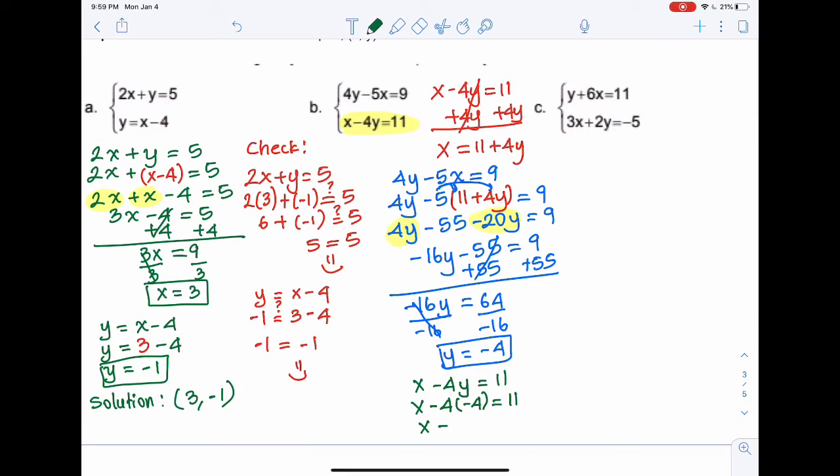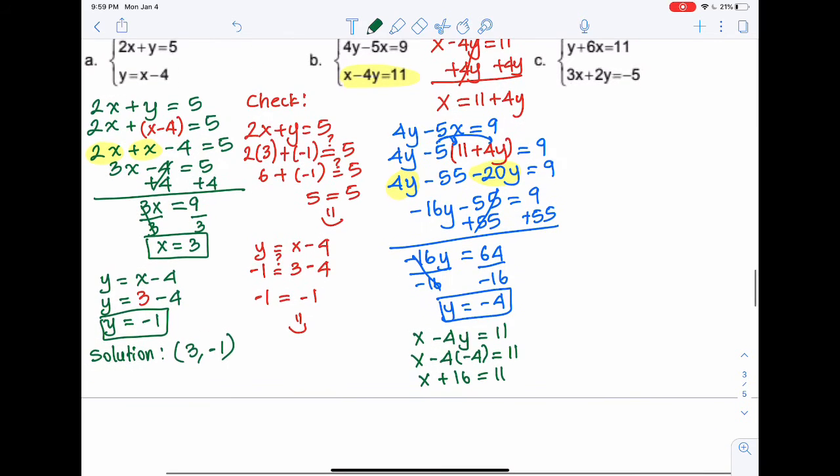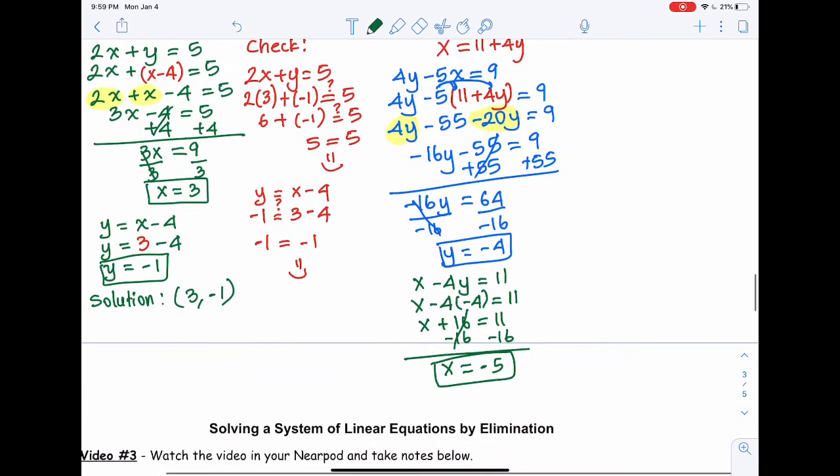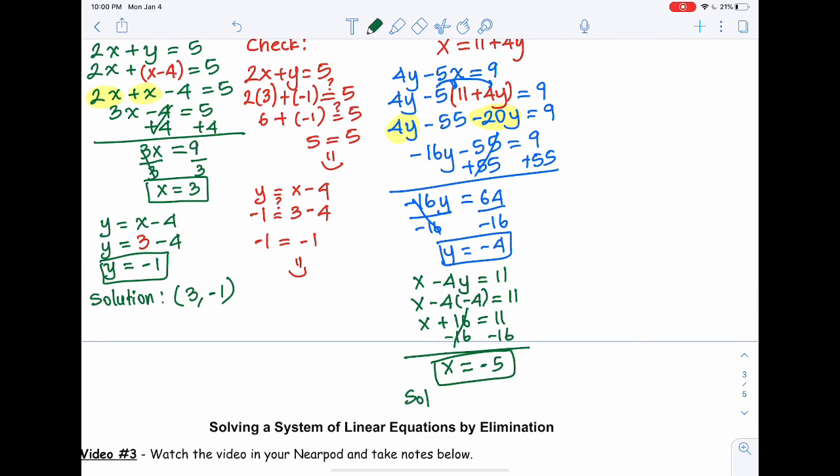The sign will become actually positive now because negative 4 times negative 4 is 16. And then I'm going to subtract 11 from both sides. From here, x will be negative 5. And our solution in ordered pair form will be, remember always write x first, then y. And here's our final answer.